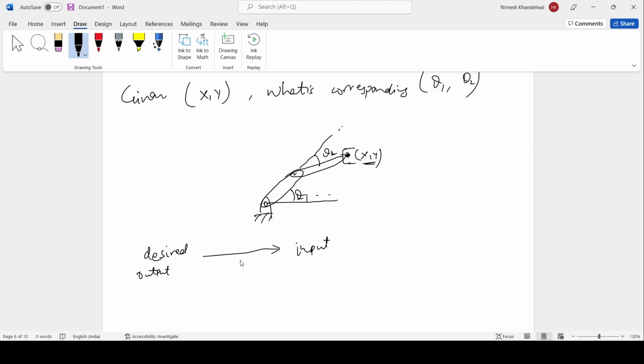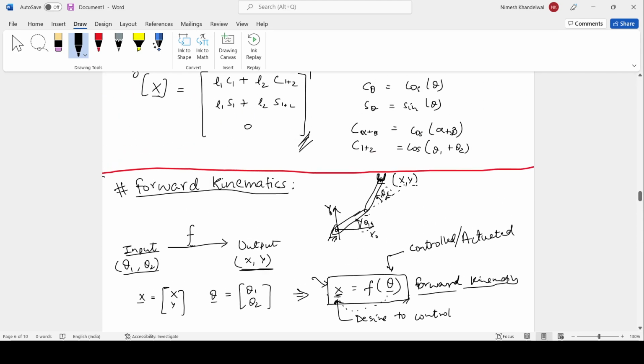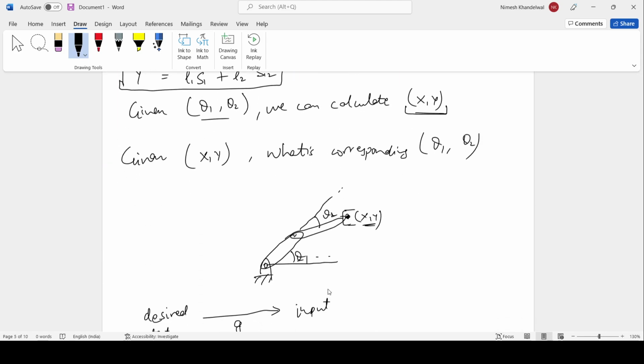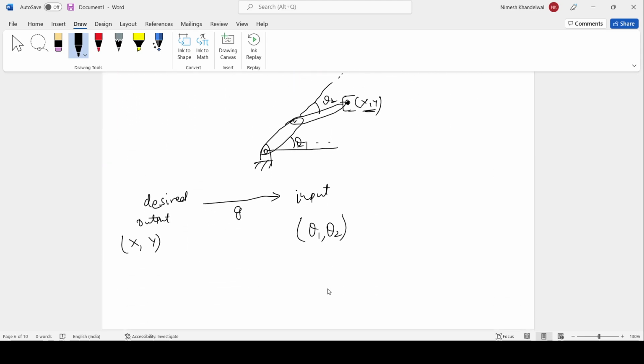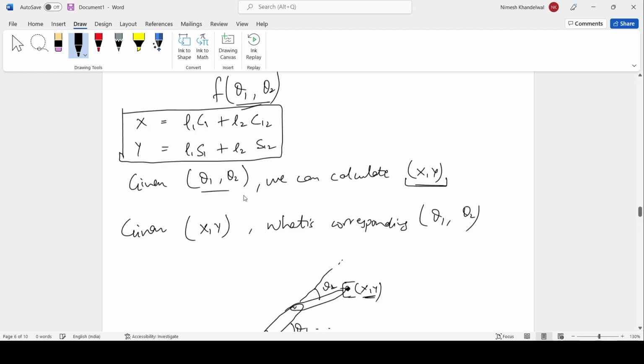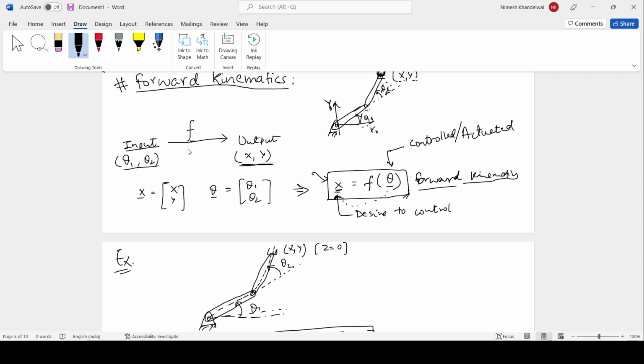So this mapping from the desired output to the input, where the input is the same as we discussed in the forward kinematics, that is the actuated quantities, is called the inverse kinematics, IK. The above one is called the forward kinematics, FK.